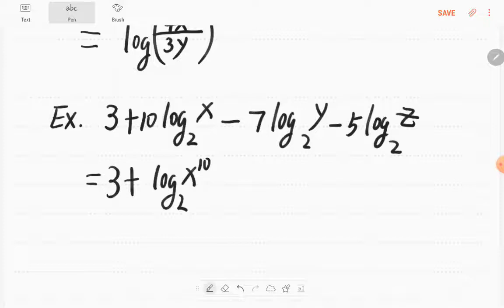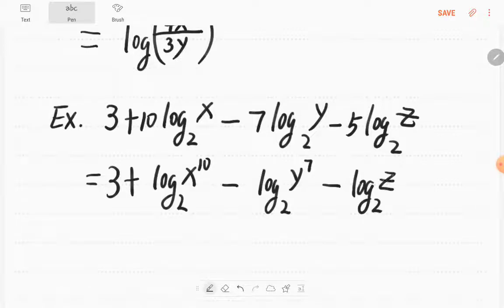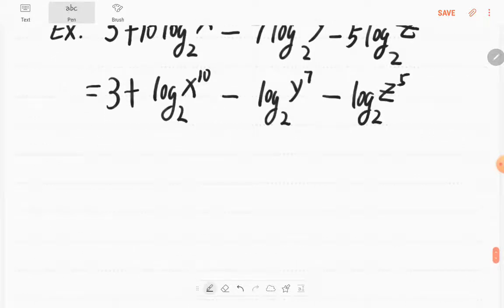Right, this is the property. Minus log base 2 of y to the 7th power minus log base 2 of z to the 5th power. Okay, so you can combine these three.